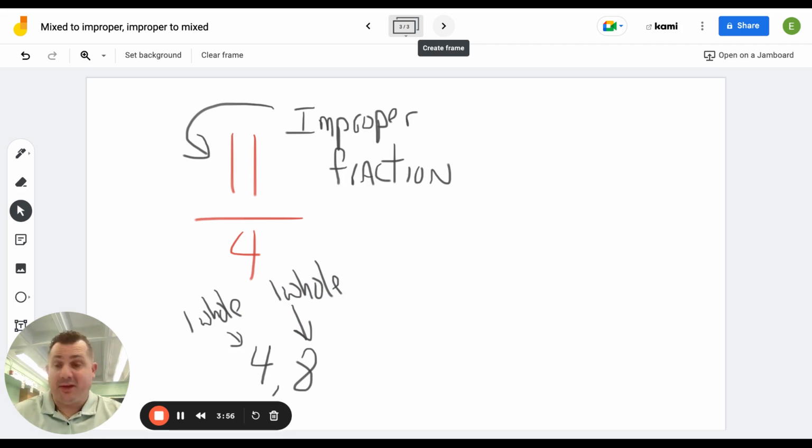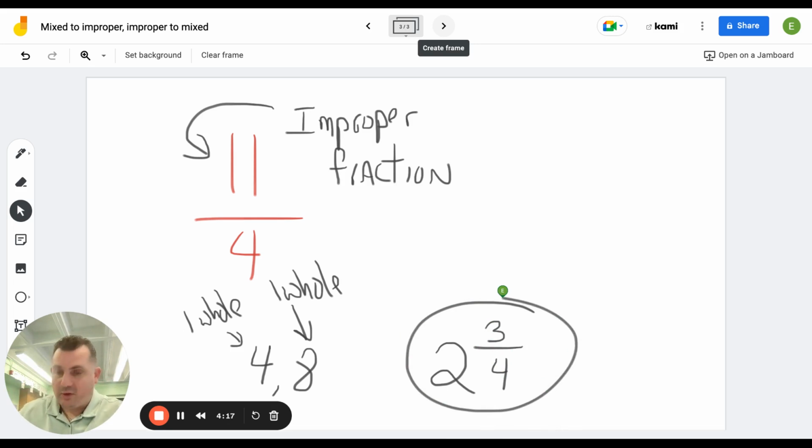No, because that would be 12 pieces, right? So I can't do that. So I could have two wholes, 4, 8, and how many pieces are left over? Well, 9, 10, 11. 3 pieces. And my denominator stays the same. So 11/4 is 2 3/4.